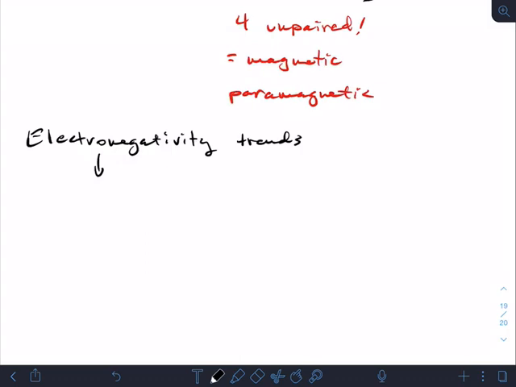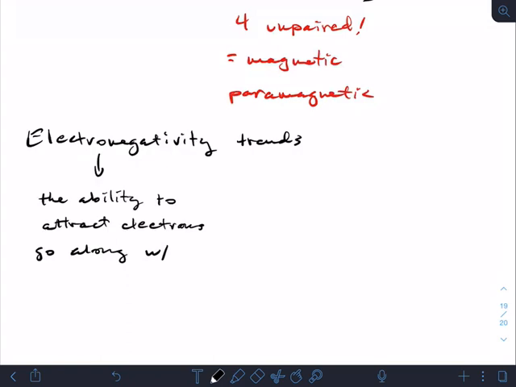But electronegativity trends. Electronegativity generally is the ability to attract electrons, and it goes along with what we call electron affinity.